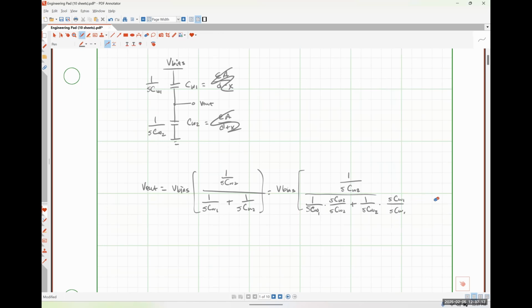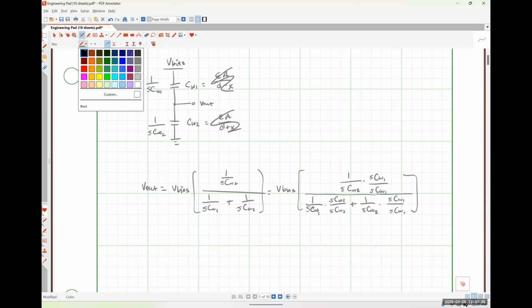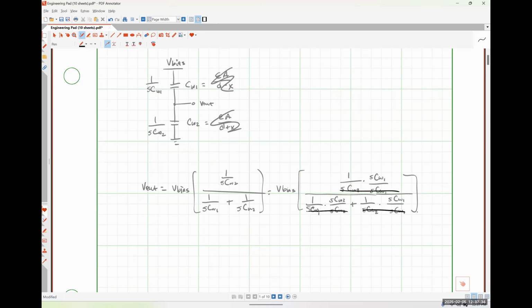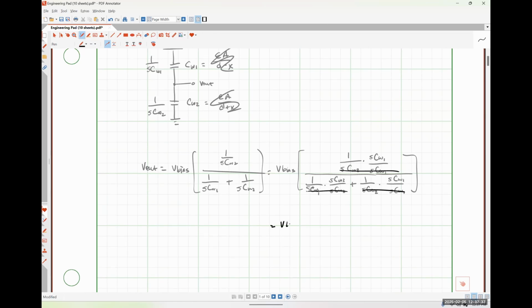And while I'm at it, I'm going to go ahead and multiply this guy up top by S CW1 over S CW1 so that I have a common denominator of S squared CW1 times CW2, so that this guy cancels this, and all we're left with is V bias times S CW1 over S times CW1 plus CW2, and the S's cancel each other out. So it's just bias voltage times CW1 over CW1 plus CW2.